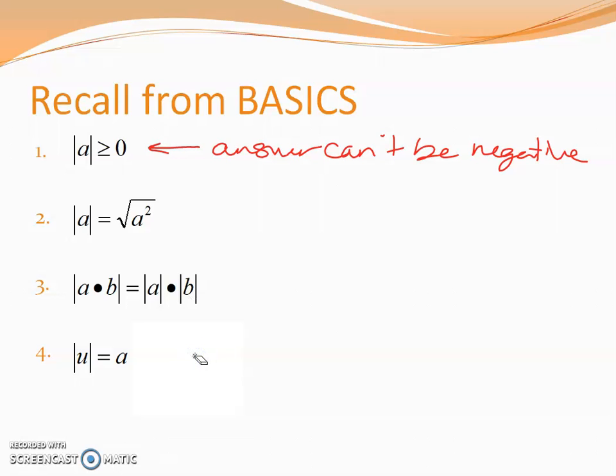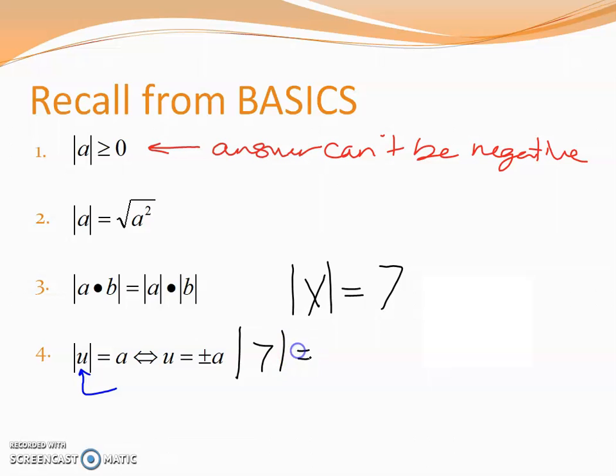And then the last thing is that the absolute value of u equals a. That tells us that u, the part on the inside, could equal a positive or a negative a. So what is that telling us? If I had the absolute value of x equals 7, a lot of you would say, okay, x would equal 7. And that would make that true, right?